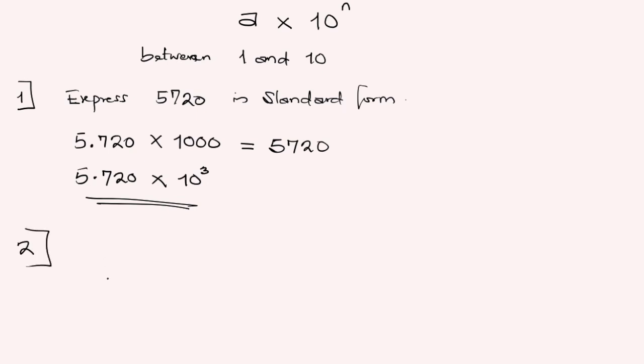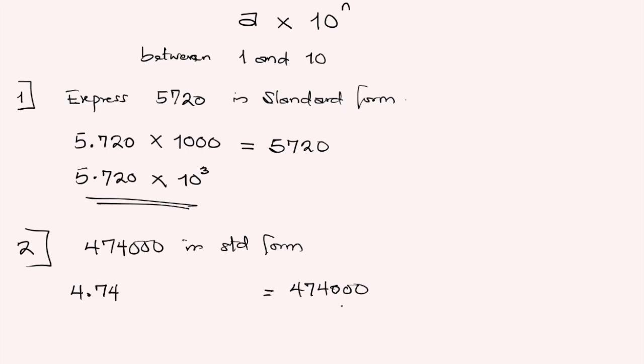If we do another example, which is write 474,000 in standard form, we'll do the same thing. Like we did for the first one, the number between 1 and 10 that can be obtained from this number is 4.74.